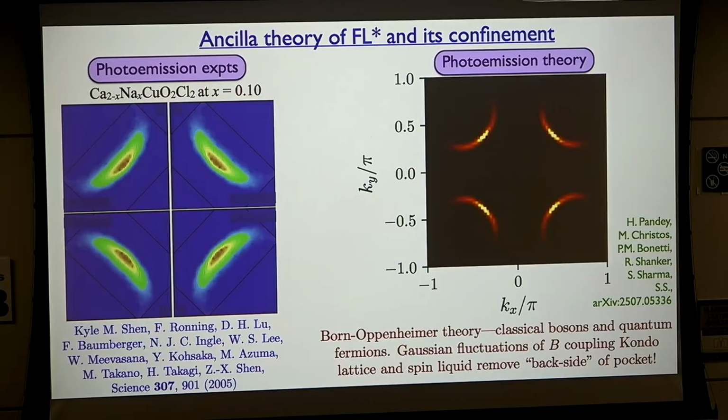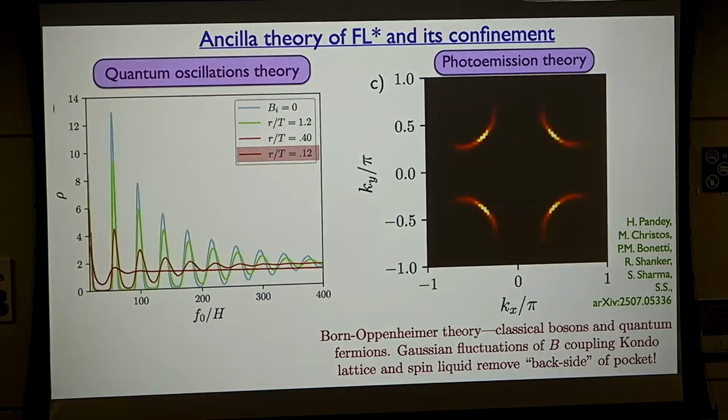So I think I'll stop there. One more thing. In the same calculation that gives you the arcs, you can still see the quantum calculation. Anyway, this is our proposed resolution of the puzzle I proposed at the beginning. How do you reconcile photoemission and magnetotransport?